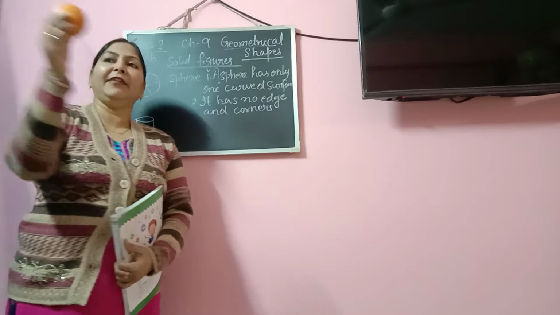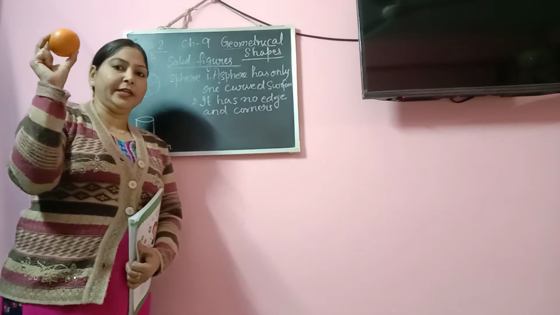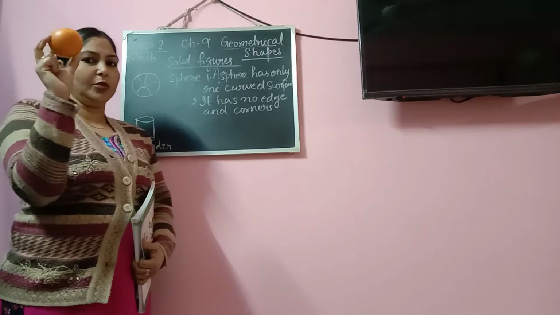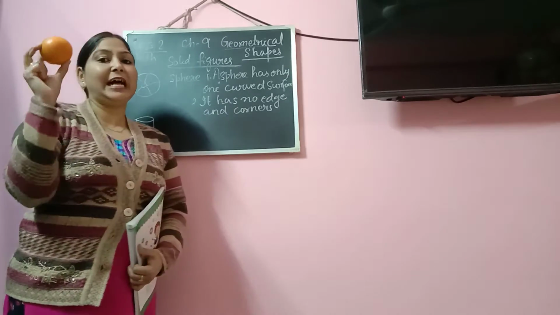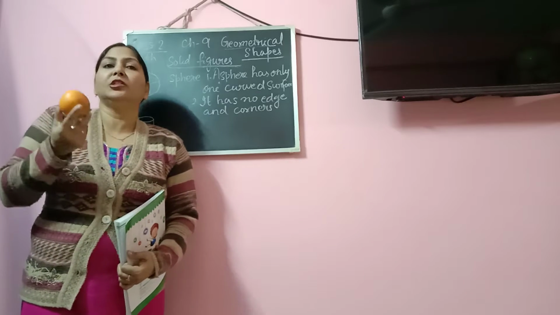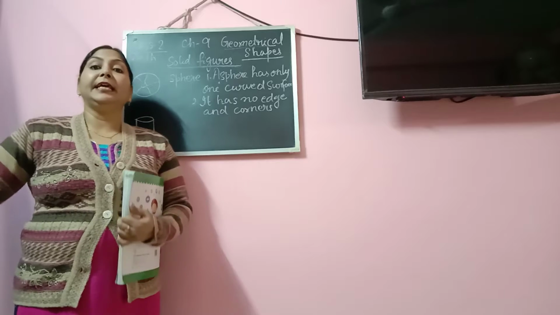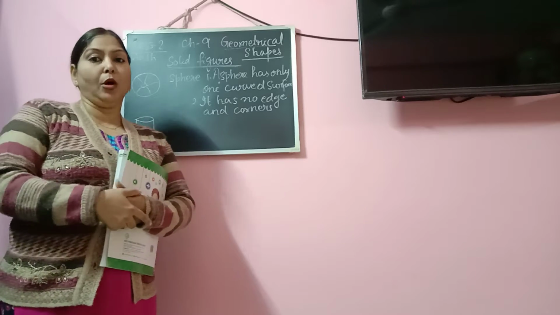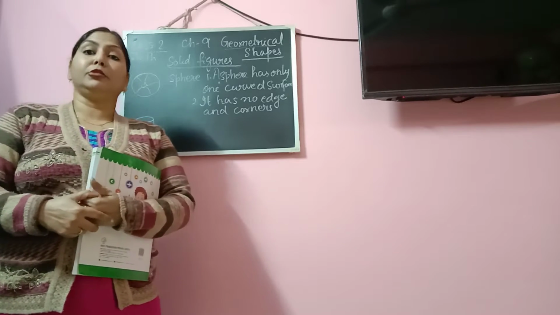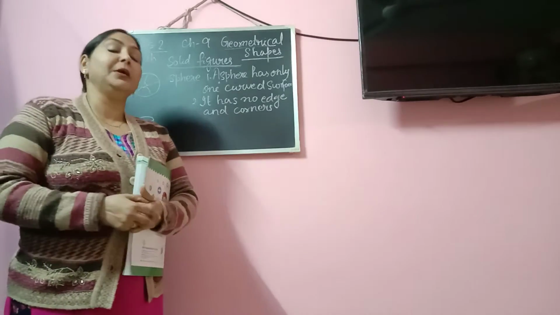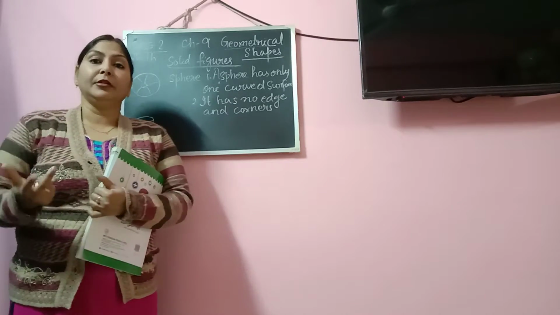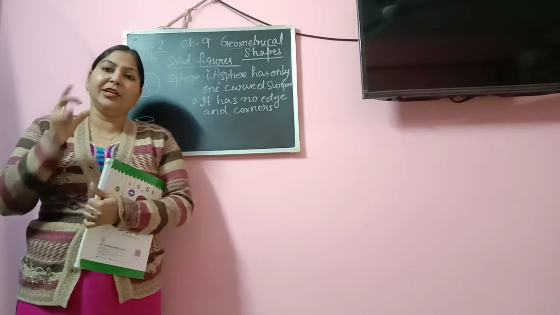For example, this is an orange, and this is almost sphere shape. Examples of spherical objects are a football, different kinds of balls, and sometimes balloons. There are some balloons which are spherical in shape. Then our earth and the moon are all spherical in shape.